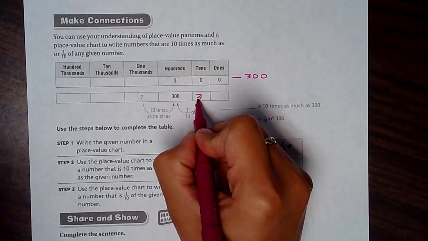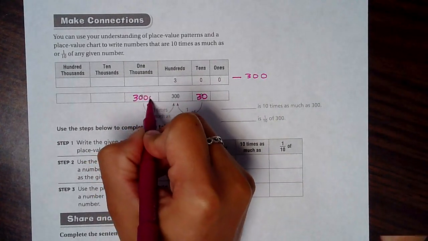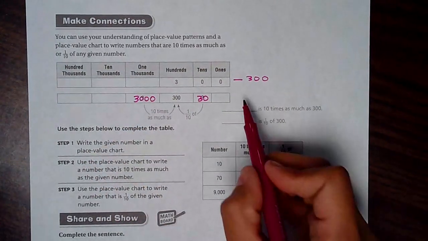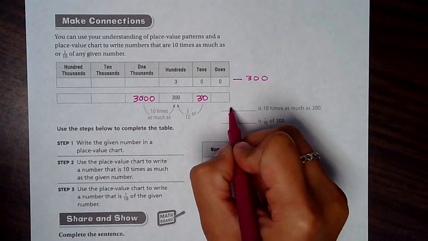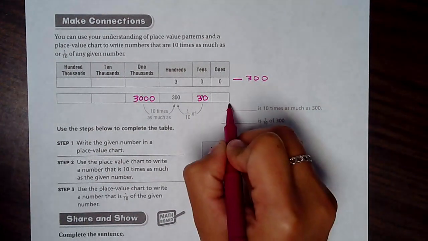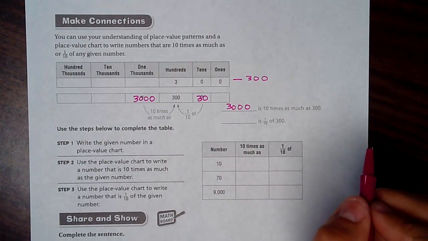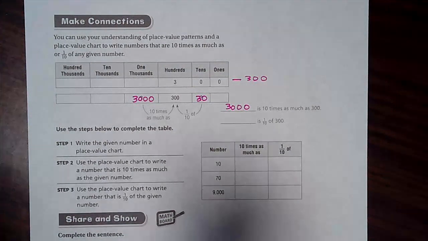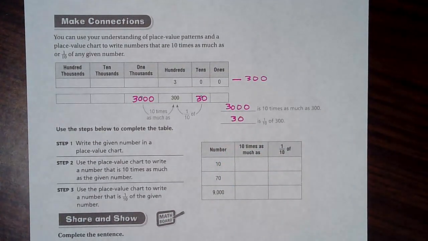So that would be the 30. And this would be 3,000. So 3,000 would be 10 times as much as 300. And 30 is 1/10 of 300.